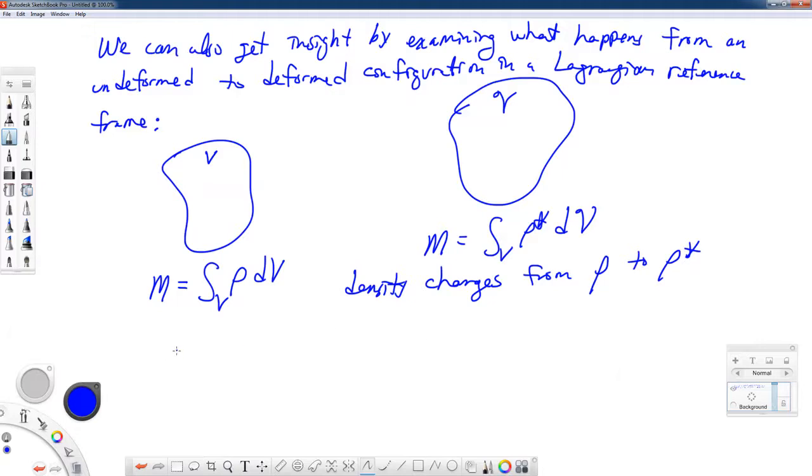So over here on the undeformed region, we can express this in terms of dx, dy, dz, are infinitesimals for this volume element V. Over here on this side, if the masses are the same, then we can have an integral over the script volume of the new density over its infinitesimals. In the deformed region, we call them dxi1, dxi2, and dxi3.